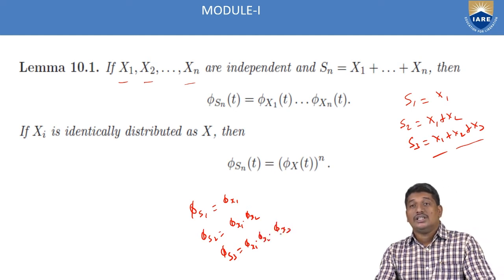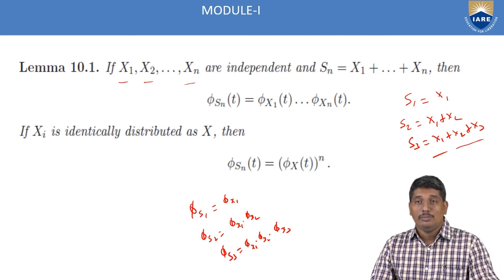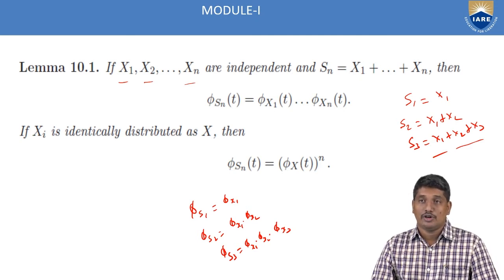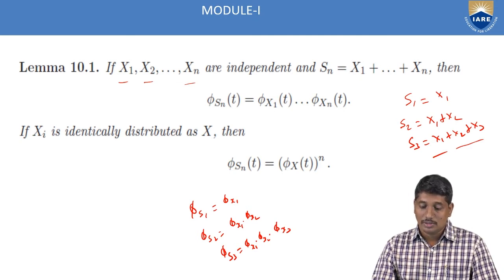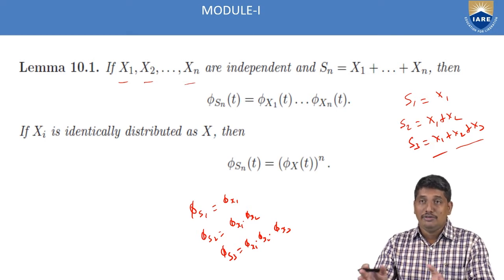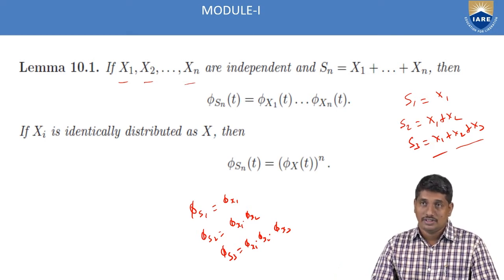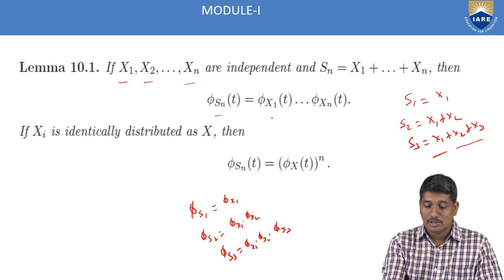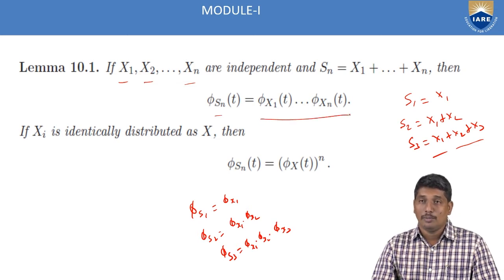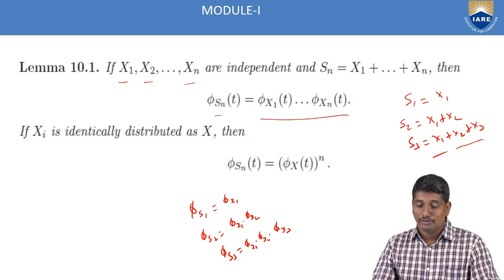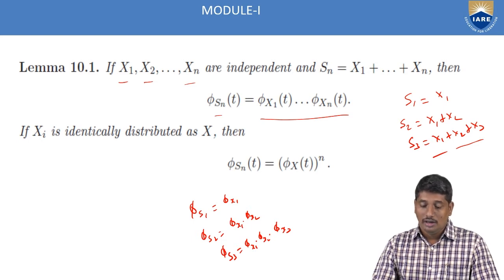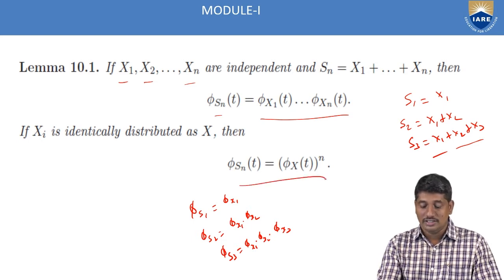That is, if the random variables are independent, the moment generating function of their sum is the product of the individual MGFs. That means phi Sn is the product of the moment generating functions of the n random variables.